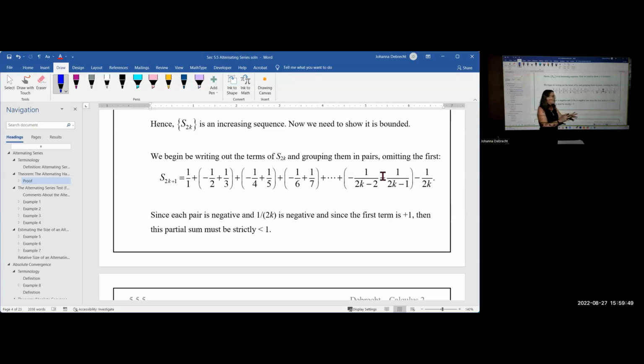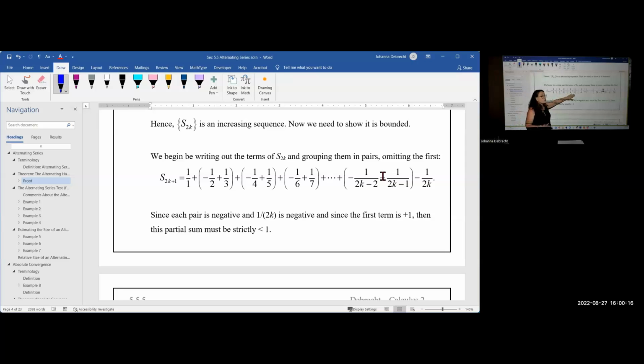Now, notice that we didn't pair the last two terms together. Those would have been positive, but we did the second and third to last term paired together, and then the last term is by itself as well. Notice that 1/2 is definitely larger in absolute value than 1/3. And since it's negative, negative 1/2 plus 1/3 must be a negative value.